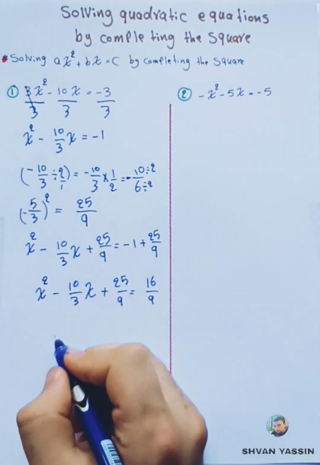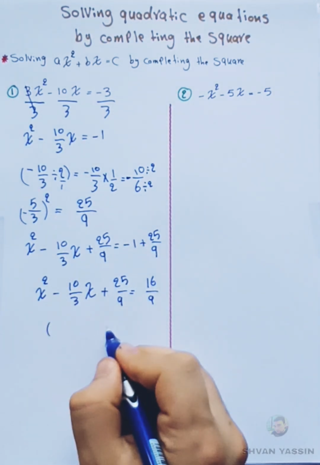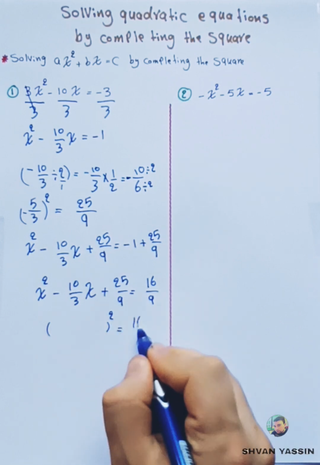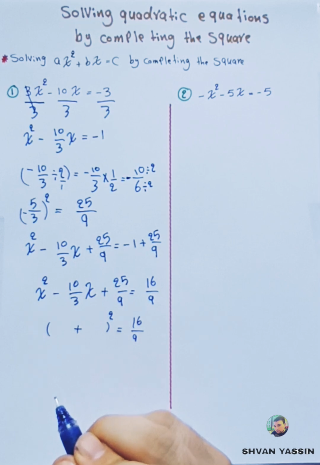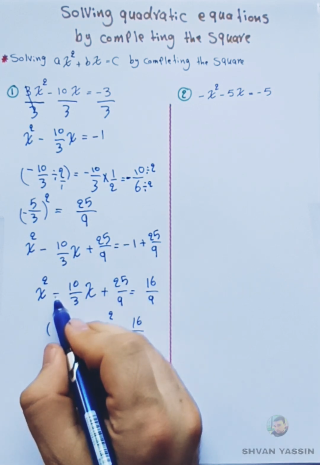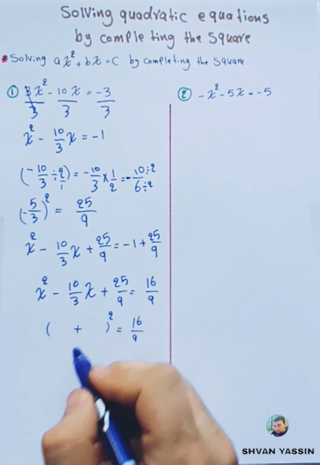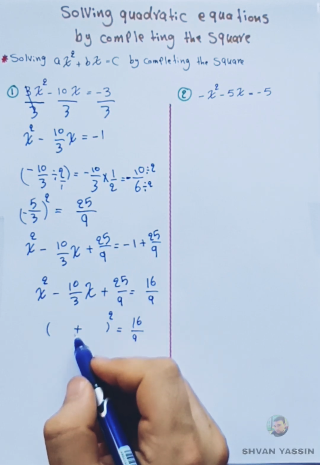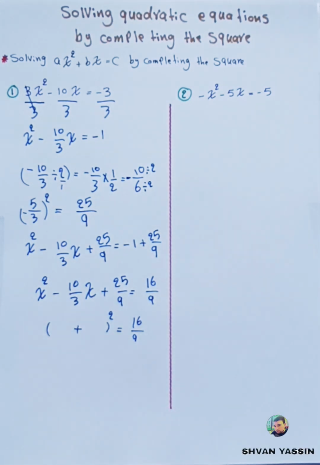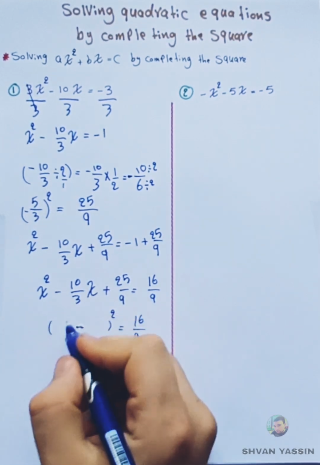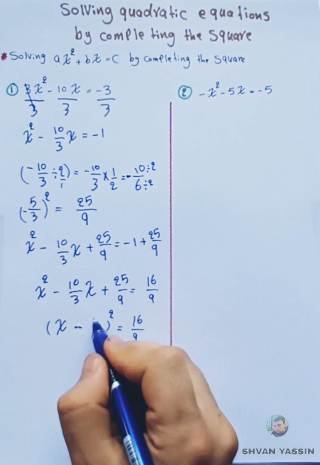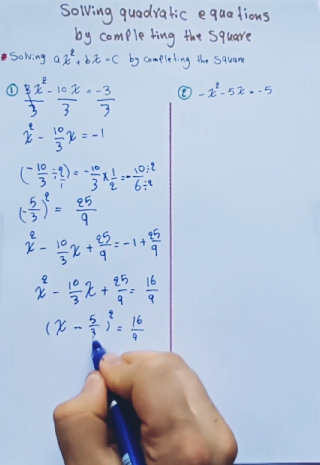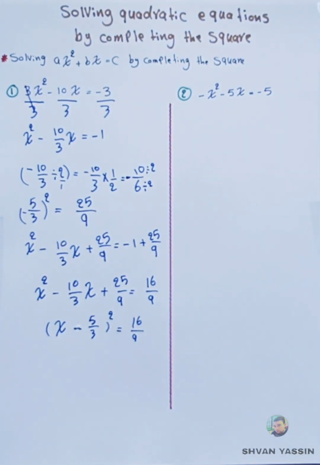We can write the rules for the perfect square. And then one of the signs is negative and the other is positive, so the sign of this parenthesis should be negative. So x squared comes from x times x, and 25 out of 9 comes from 5 out of 3 multiplied by 5 out of 3.